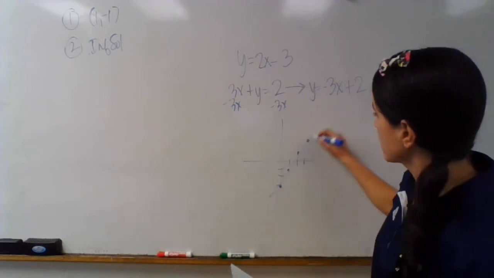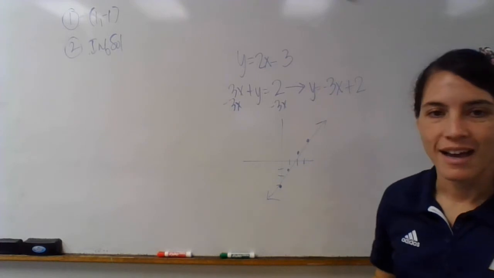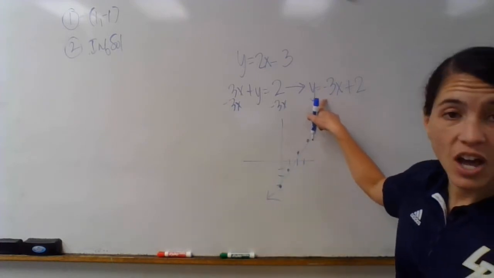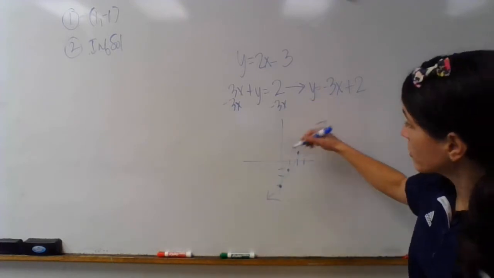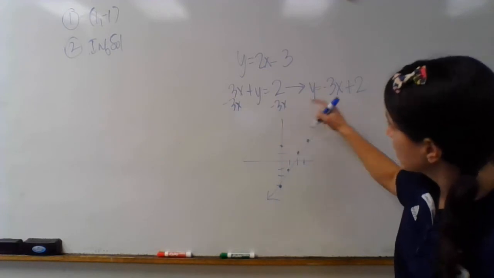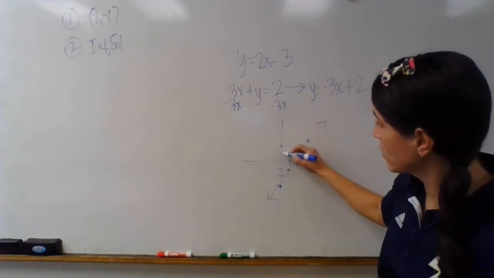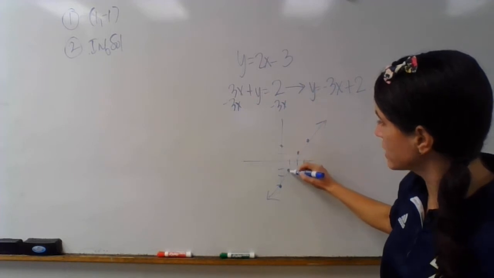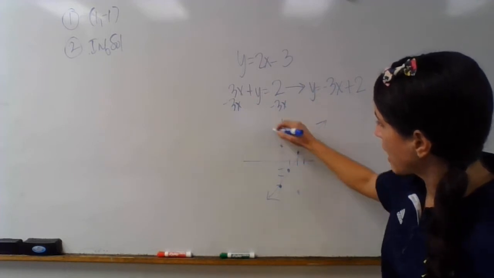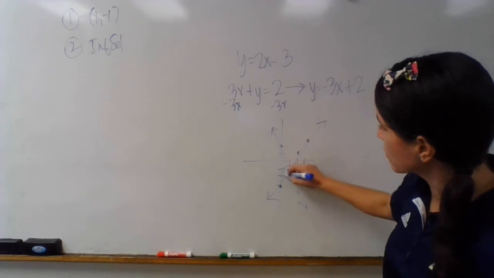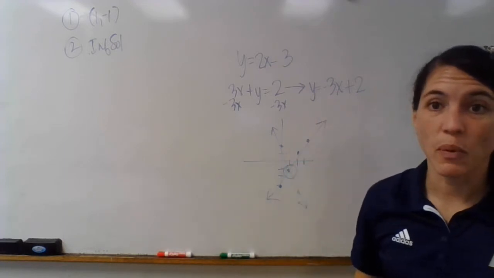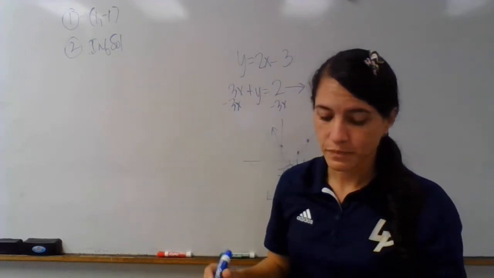And then you would connect. All right, so now this line, y = -3x + 2, I would start up here at 2. And my slope is -3, so I would go down 3, 1, 2, 3 over 1. I can see that I'm going to intersect right there. So that is the point (1, -1).